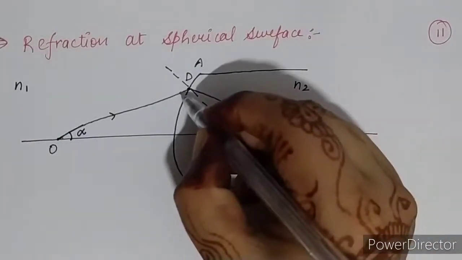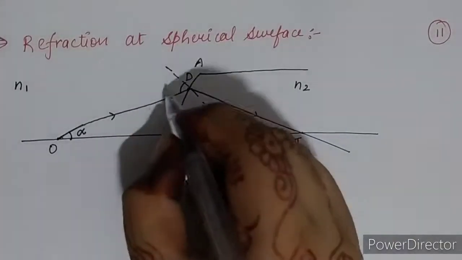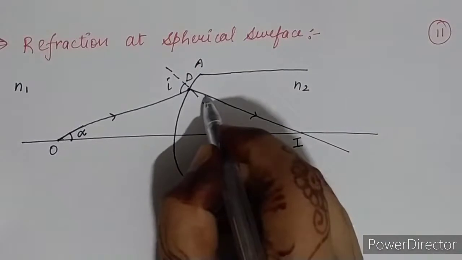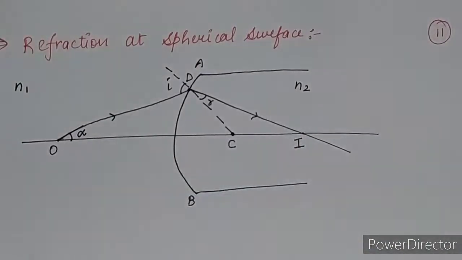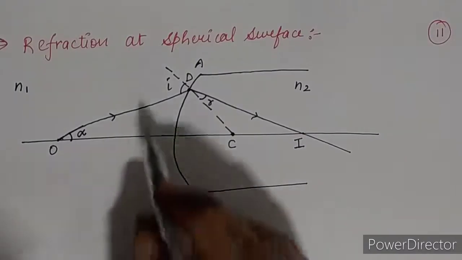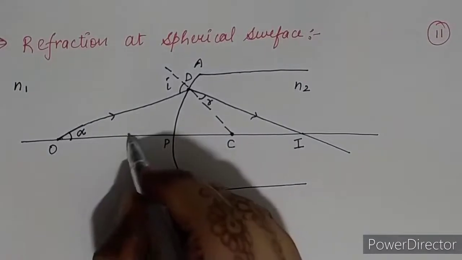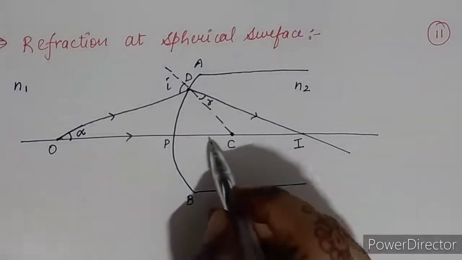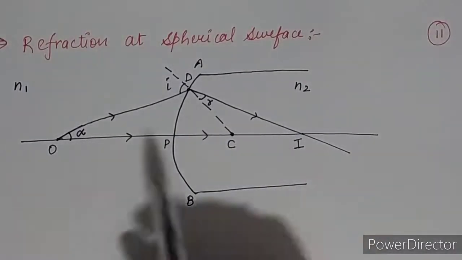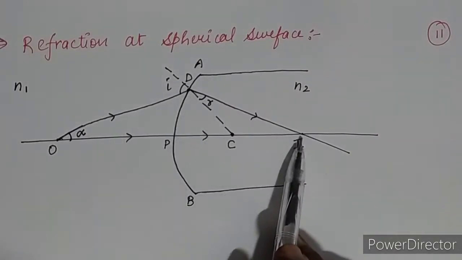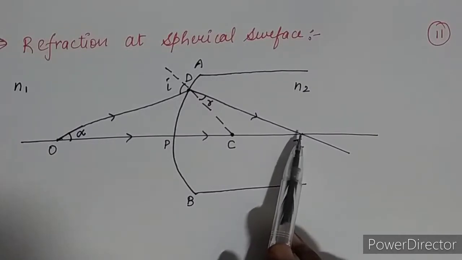The incident ray making an angle with the normal is the angle of incidence, and the refracted ray making an angle with the normal is the angle of refraction, angle R. Clear? This will be the point P. This OD line and this line both meet at point I, where the image is formed.